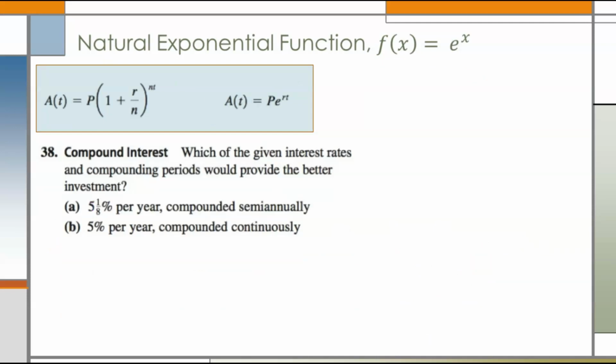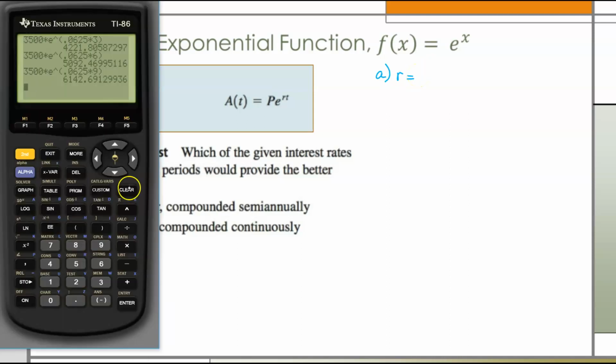Which of the given interest rates and compounding periods would provide a better investment? Okay, so here let's look at A. For part A, we have an interest rate of 5 1/8. Okay, so let me hit clear. 1 divided by 8 is 0.125.